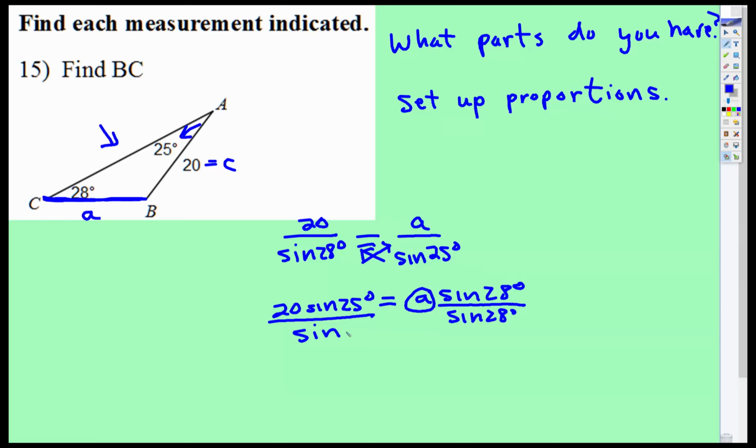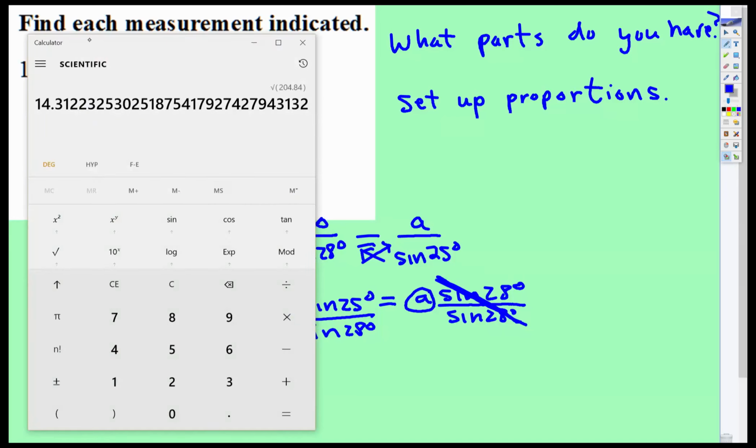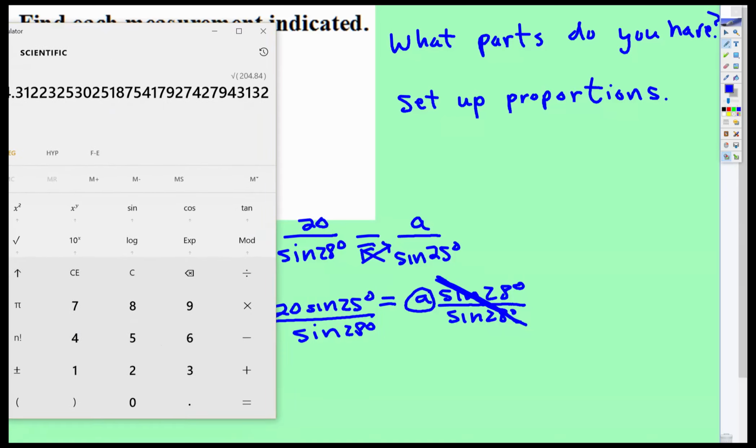And whatever the equality property tells us, whatever we do to one side, we've got to do to the other. Now, those cancel. Any non-zero thing divided by itself cancels to 1. 1 times A is A. And now you can just type all of this into your calculator. And yeah, you definitely need calculators for this.